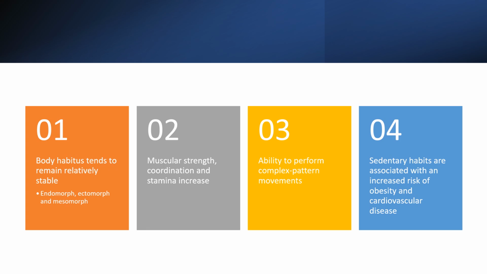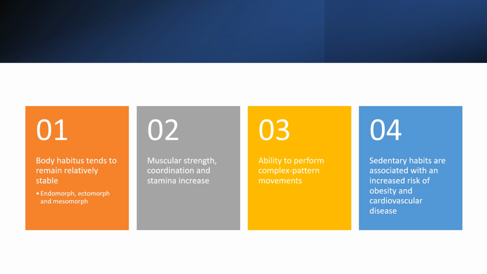Whatever your body type is, that actually remains for the rest of your school age years. So that's why, if you've noticed, there are some children who look very thin for their age, or very tall for their age, or are smaller for their age. Is that because of their body type? It's because their body type tends to remain stable for the whole school age years.